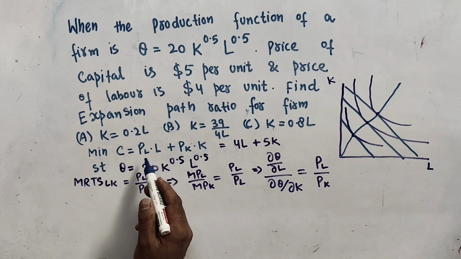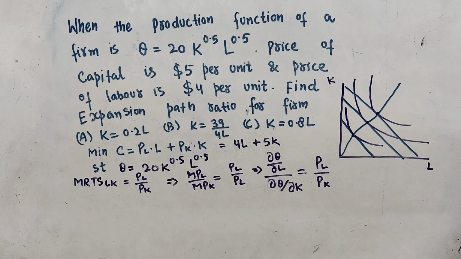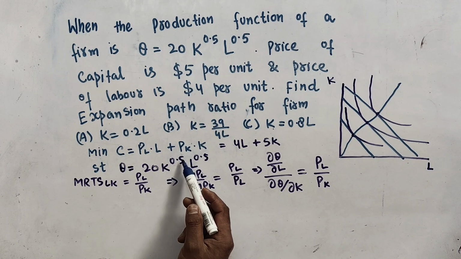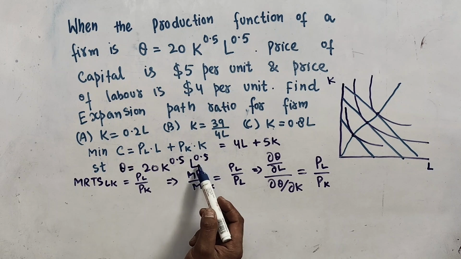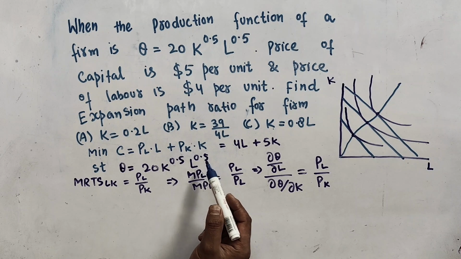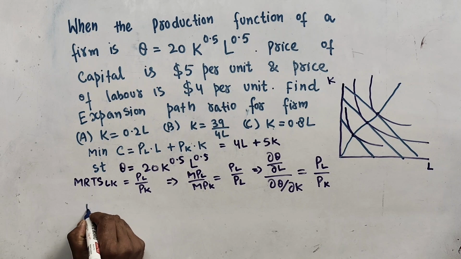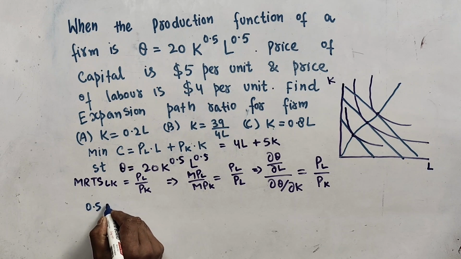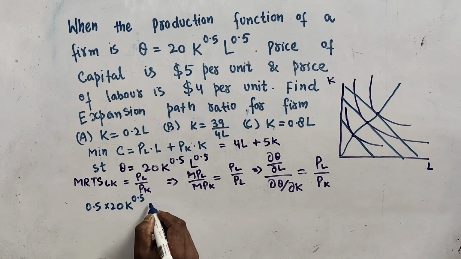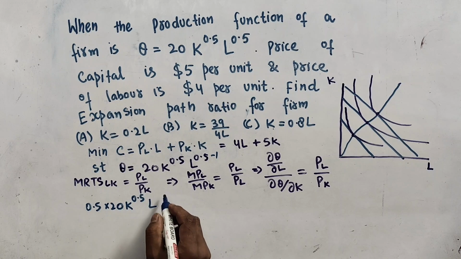Now if I partially differentiate this production function with respect to labor, when I differentiate it with respect to L, the exponent of L becomes the coefficient. So 0.5 can be written as 1 upon 2, or we can write 0.5 times 20. K^0.5 will remain the same, but the exponent of L gets reduced by 1 by the power function rule.